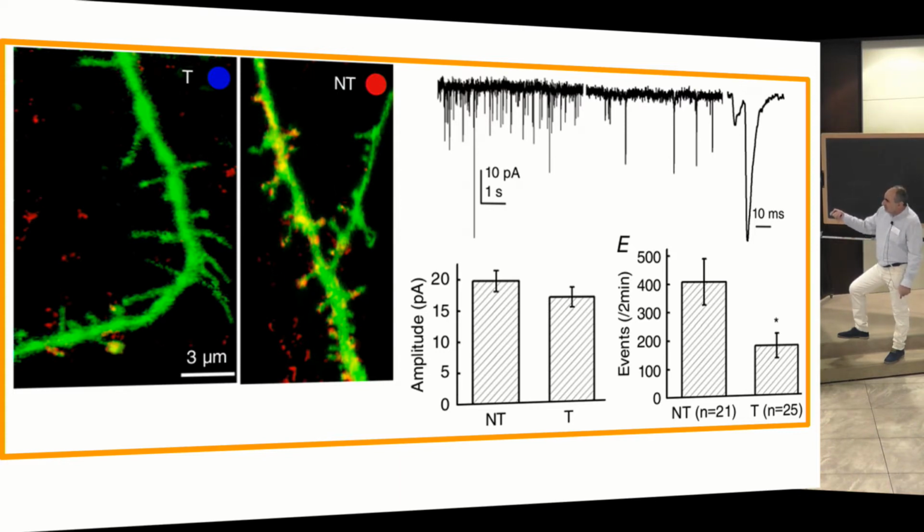So the targeted one goes to this typical filopodium structure, and the non-targeted, which is scrambled siRNA, doesn't change morphology. And some electrophysiology just to show that the number of events in the targeted cell goes down, while amplitude is the same.